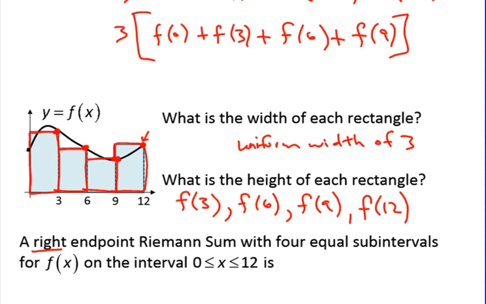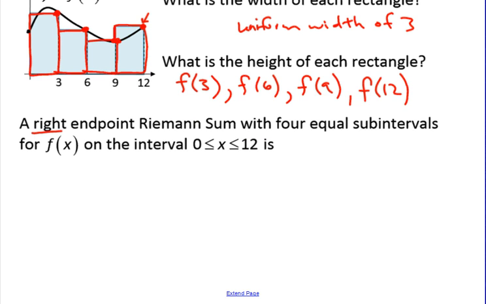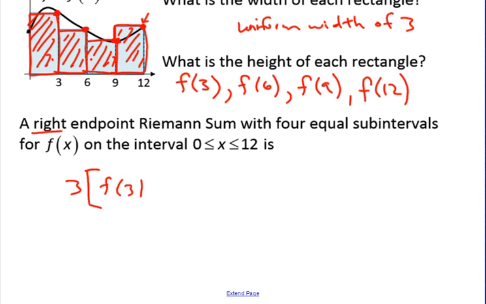So to write the Riemann sum for this, if I were to accumulate the area here, again, we would add up the areas of each of these rectangles. So since we have a uniform width of 3, I can just multiply that outside and just add up f of 3 plus f of 6 plus f of 9 plus f of 12.